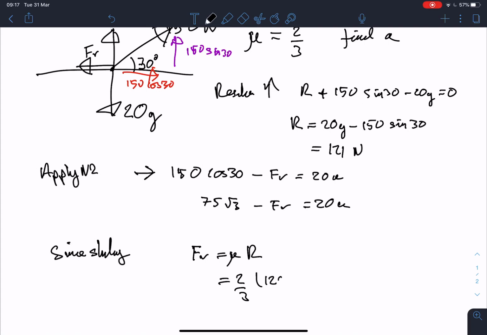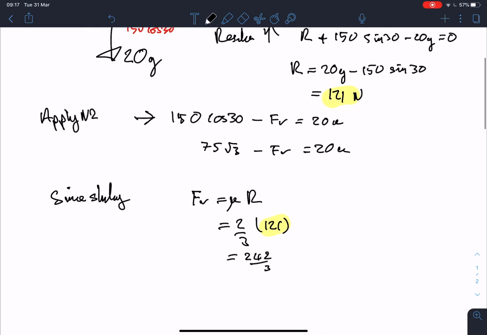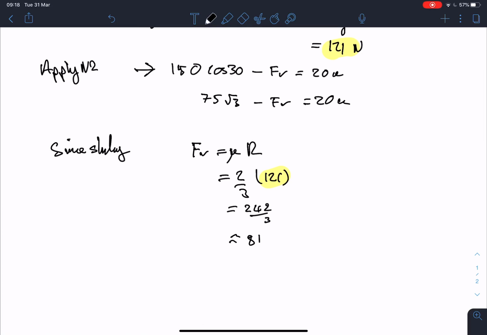Since sliding, friction is equal to mu R, so we've got mu as 2/3, R as 121 from above. Yeah, that's coming from here.